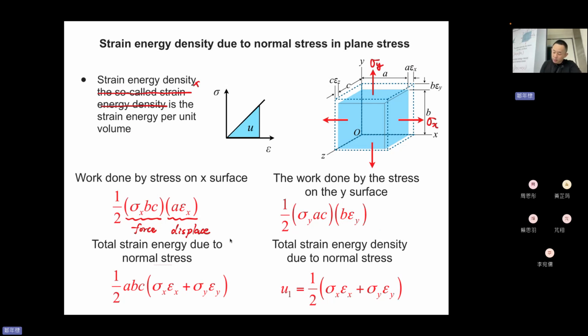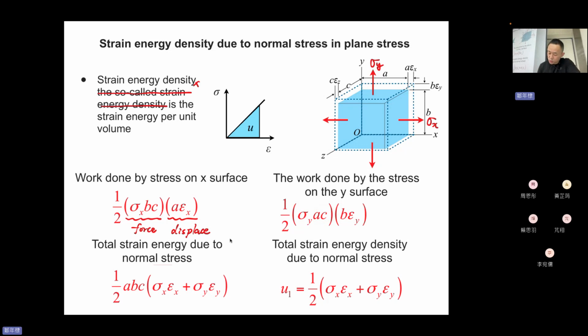However, wait a minute. Oh, and also the work done by the stress on the y surface is exactly the same, right? Sigma y, epsilon y, b a. Okay, so you see, BC is the surface of this, and AC is the surface on the top.